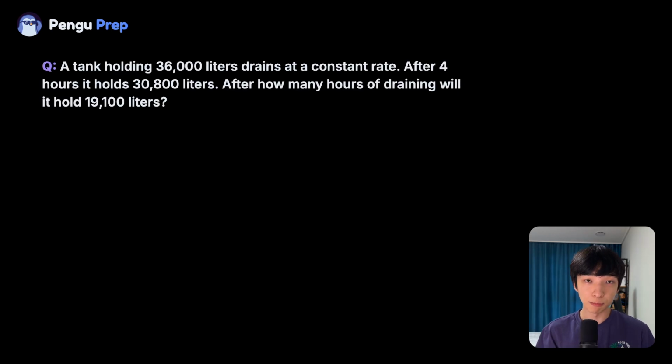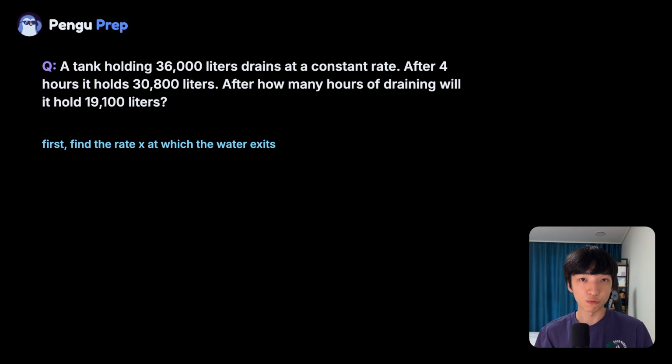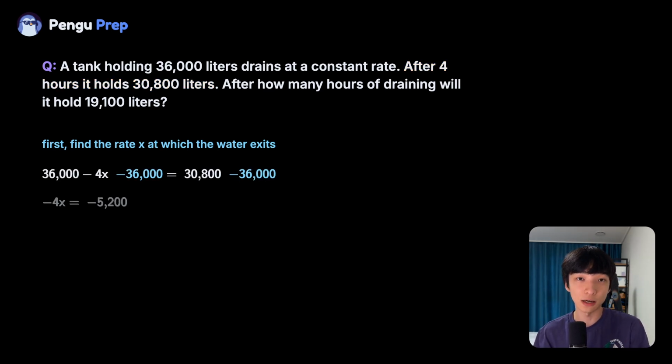Here's the next problem. Please pause the video and try it yourself. Done? First, I'm going to find the rate at which the water is exiting the tank. To do that, I'm going to use the information that's given at the front, which is that after 4 hours of draining, there was 30,800 liters of water left. From this, I can establish a linear equation, 36,000 minus 4x equals 30,800.